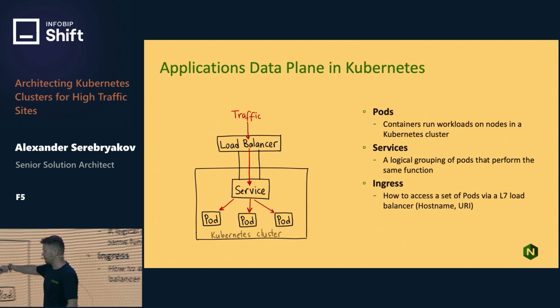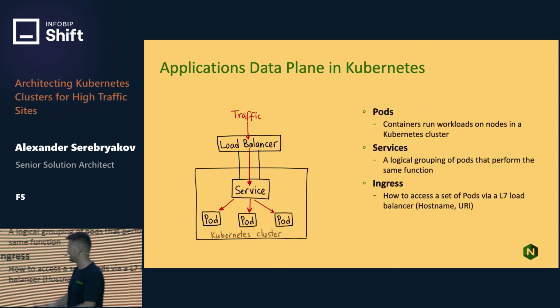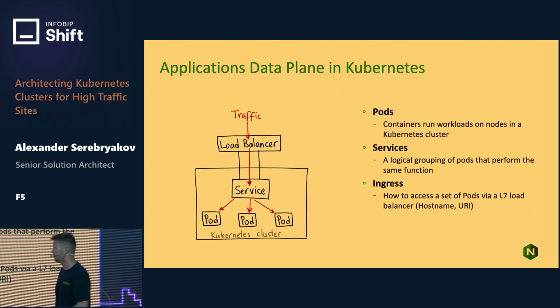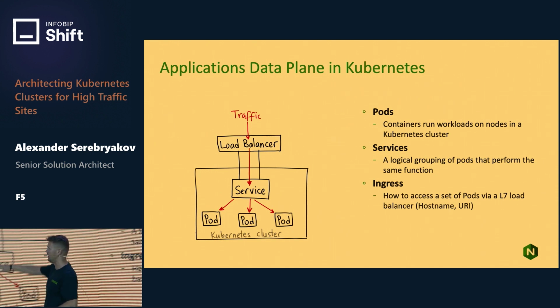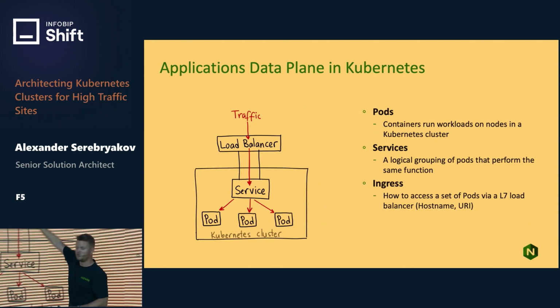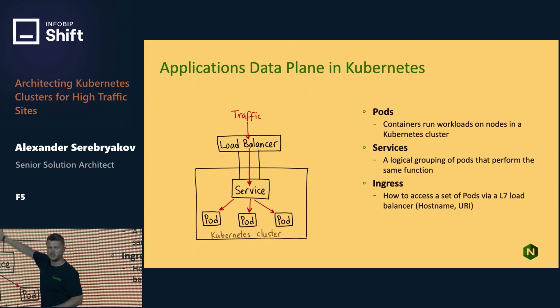Then if they are similar, we can combine them into something called a service. So it represents a single entry point of the service, how we run it and get the requests into it. And then there is a slight problem that we're going to speak about today: how to get data from the user to this very service. And there is a lot of things in between.